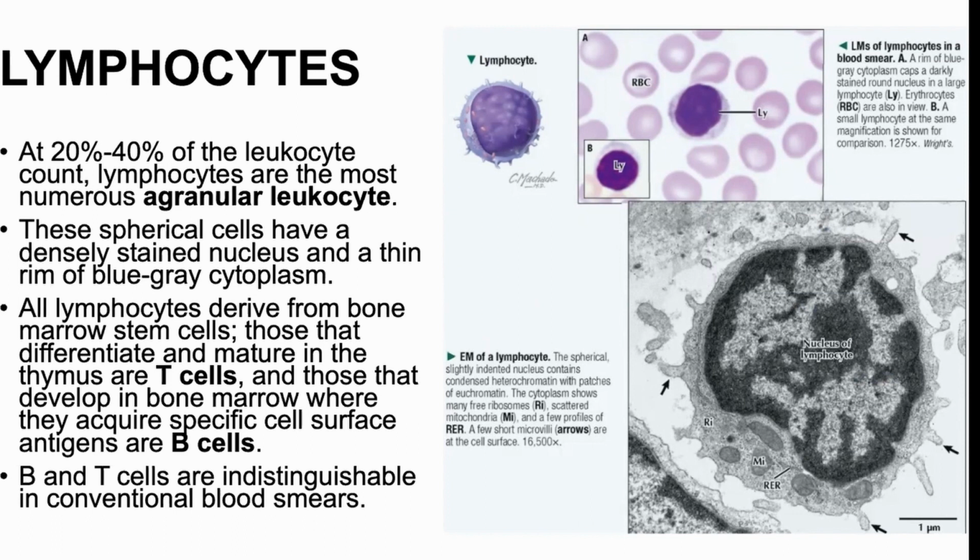So we said the neutrophil accounts for up to 70%, the eosinophil 1 to 4%, the basophil 1%, lymphocytes 20%. We kind of put them in different categories based on whether they're granular or agranular. So the neutrophil, which is granular, is up to 70% of the white blood cells in the blood.